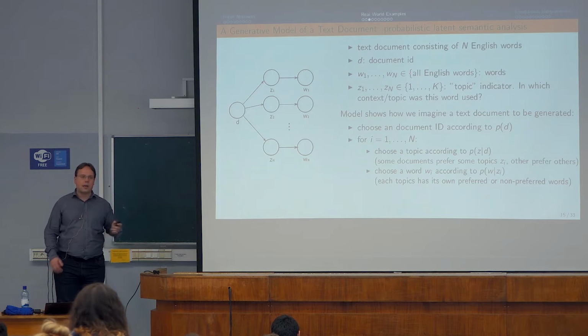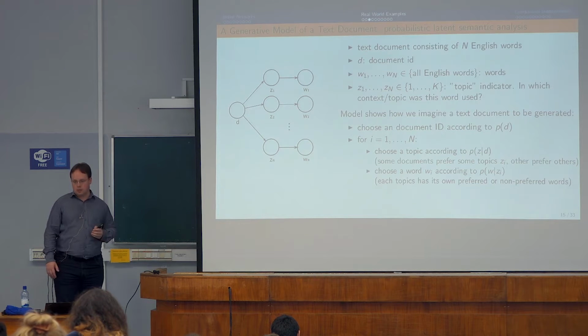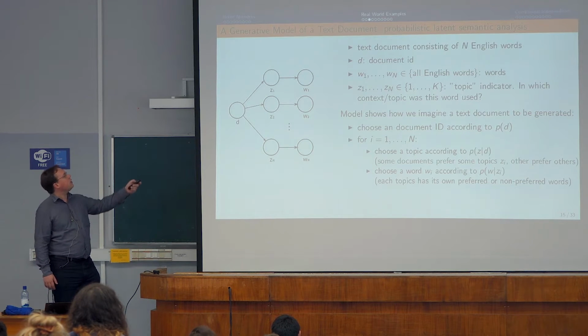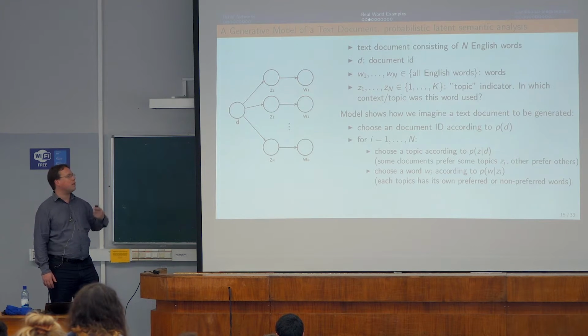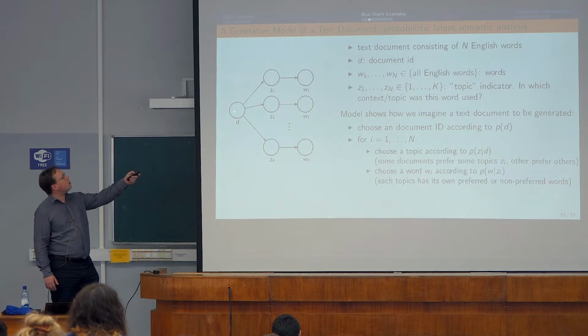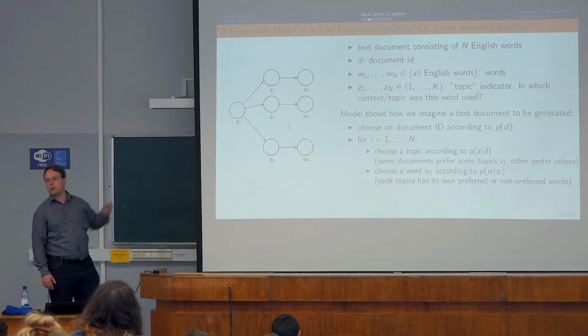So this is a variable that can take some kind of discrete number from 1 to k, maybe 10. And now, instead of creating words directly for each document one after the other, you say, well, from the document, in order to create the first word, I choose a topic, and from this topic, I choose a word.